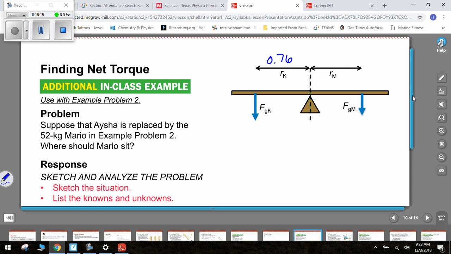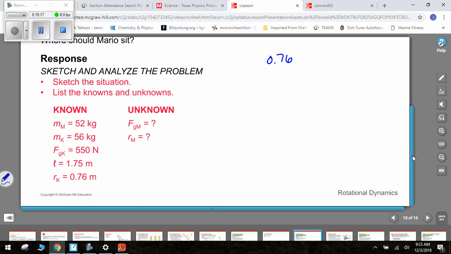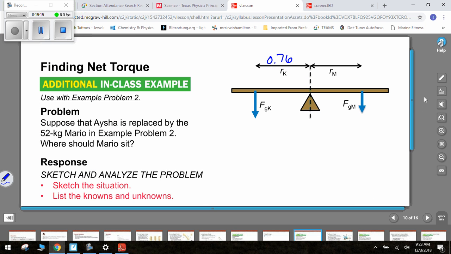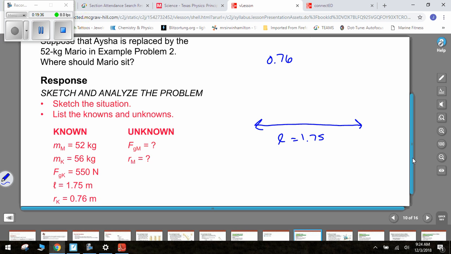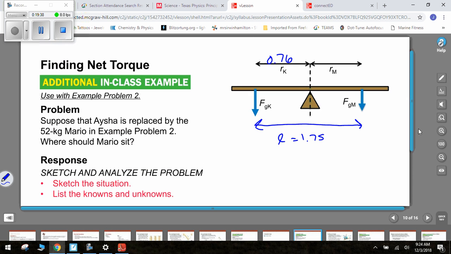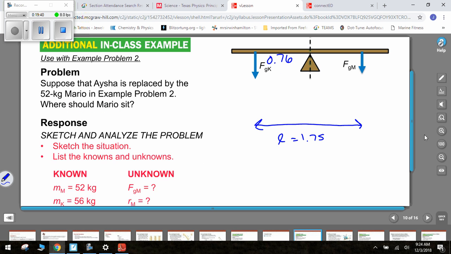You're probably going to want to draw this into your notebook. L is 1.75. So the length from here to here. So the length here is equal to 1.75. It says RK is 0.76. Got that. MK is 56.